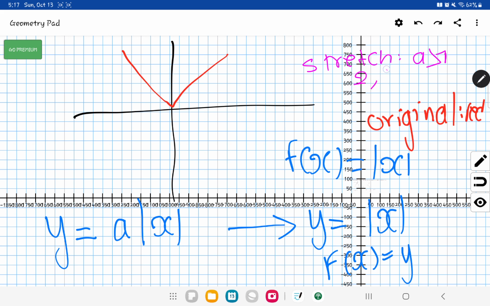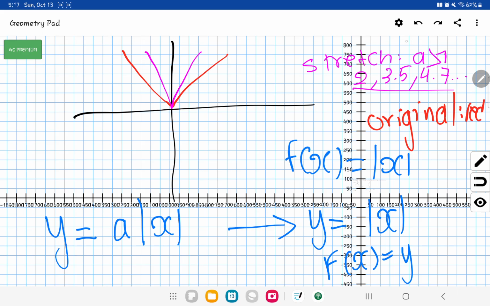So for example, 2, 3.5, 4.7, etc. Whole numbers, fractions, decimals, anything that's greater than 1, it will cause a stretching. So the stretching, I will do it in pink. It will look something like this.